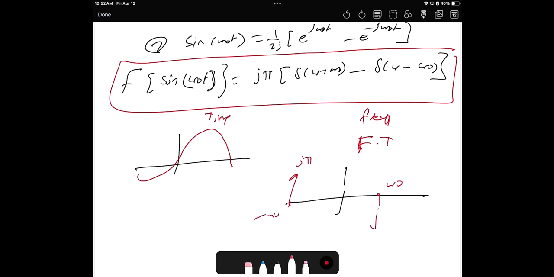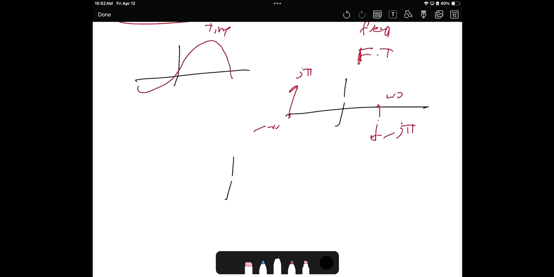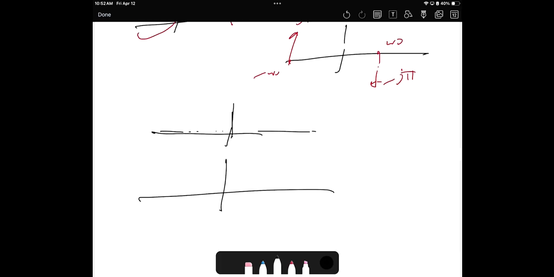At omega naught it will be negative j pi. So in other words, for sine and cosine, which you will use a lot in communications, cosine has impulses at negative omega naught and omega naught, and for sine, the impulse will go down.